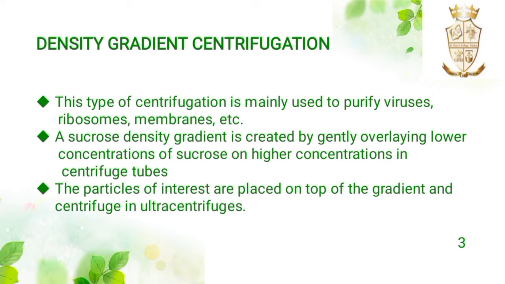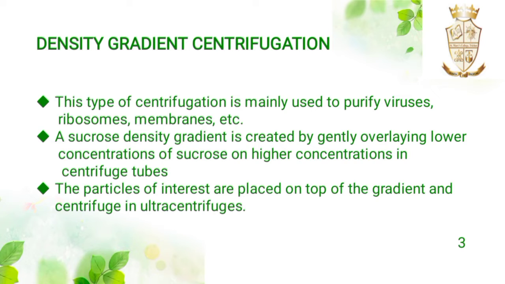Then we are discussing density gradient centrifugation. This type of centrifugation is mainly used to purify viruses, ribosomes, membranes, etc. A sucrose density gradient is created by gently overlaying a lower concentration of sucrose on a higher concentration in centrifuge tubes.